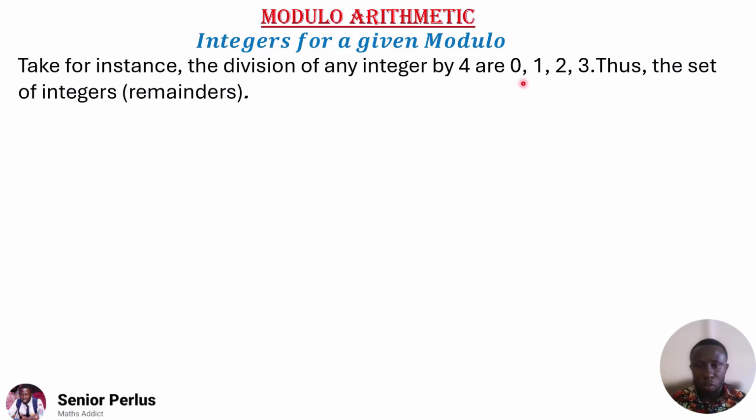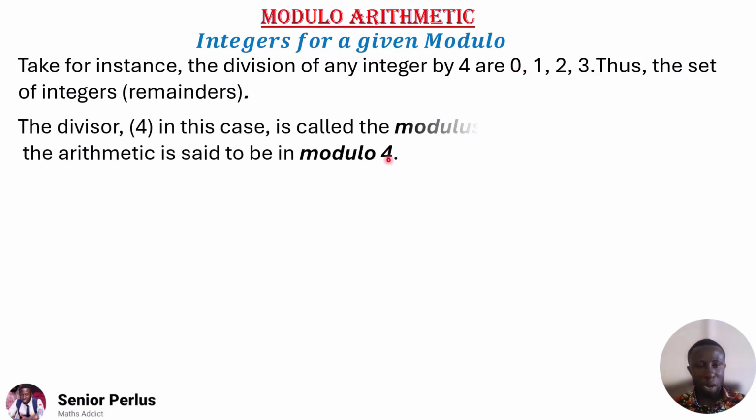Then for another number, maybe 5 mod 4, we get the remainder 1, and so on. So if we divide any integer by 4, we have 4 possible remainders, starting from 0 to 3, not 4. That's the set of remainders we are talking about.